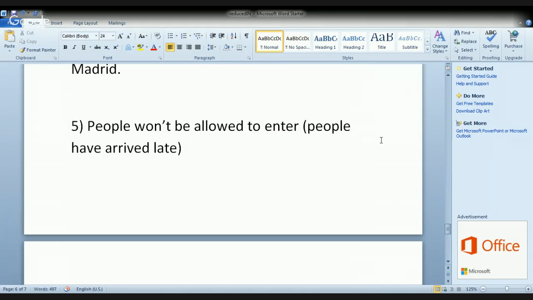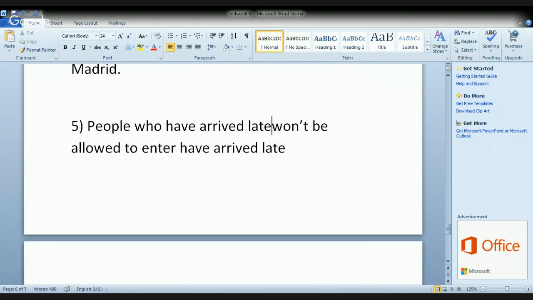People won't be allowed to enter. People have arrived late. So what do we do with this one? People is repeated, and so we'll take that out right away. People won't be allowed to enter have arrived late. So people who have arrived late won't be able to enter.